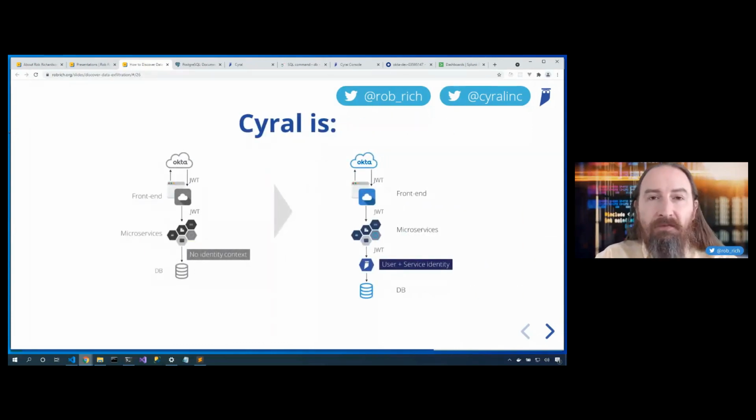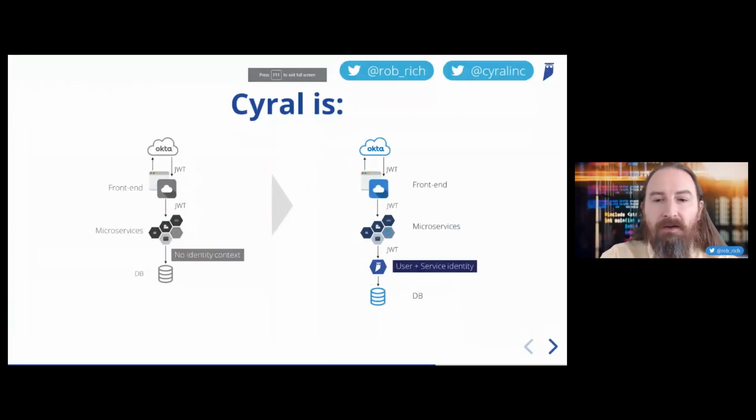On the left, we have kind of a standard setup. And on the right, we have our mechanism with adding Cyral. On the left, we're logging into our identity provider, in this case, Okta. And once we log in, we get this JWT, this JOT. Now, this JOT token we can use to authenticate into our microservices and pass that identity context around between each of those services.